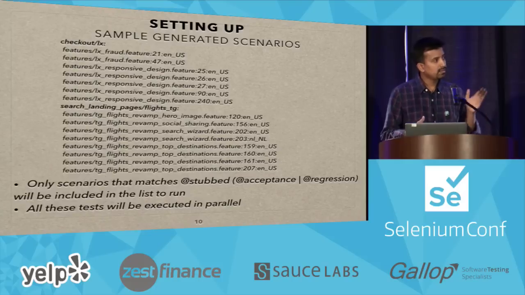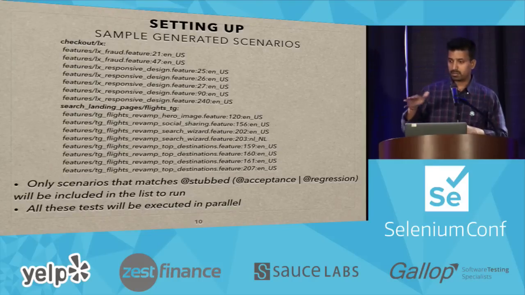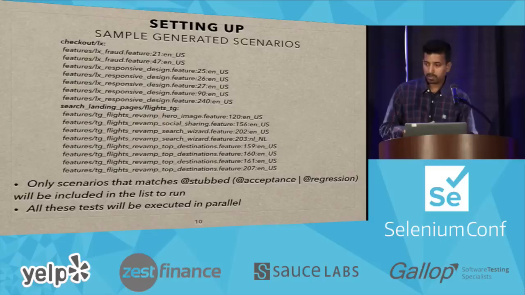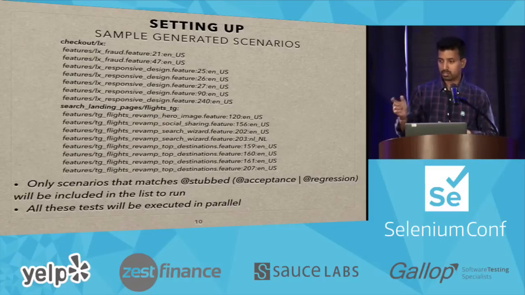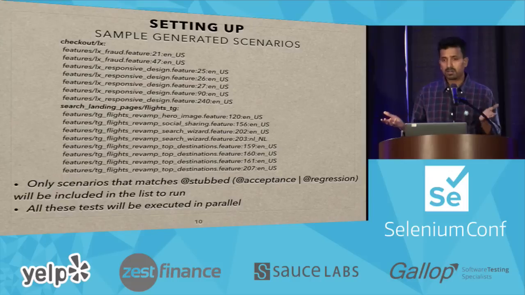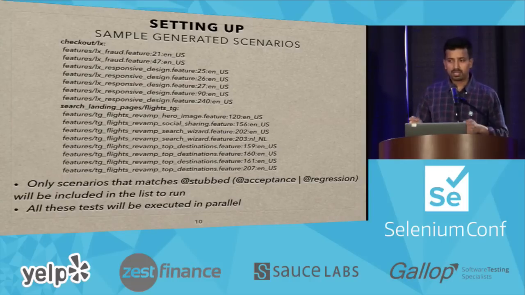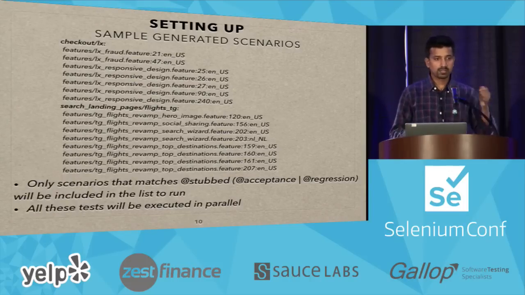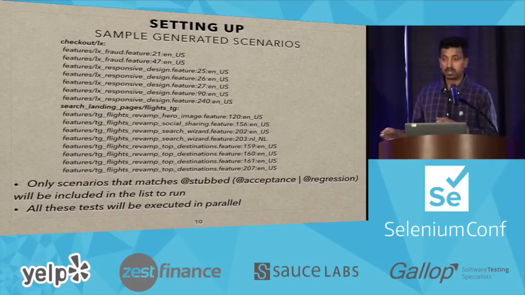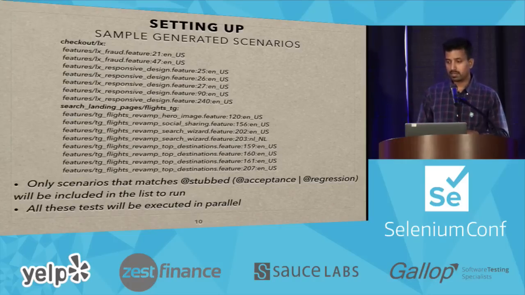And you can see the feature file has the line number, and also the point of sale associated with the test case, which means we have the flexibility to run. We have around 32 points of sale, and teams can decide, hey, I want to run this scenario against this point of sale, and I want to run this against that point of sale, and that flexibility is there. You can tag it, you can use different features of Cucumber to achieve that.